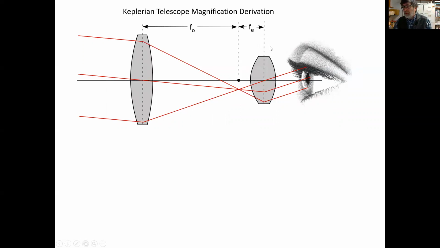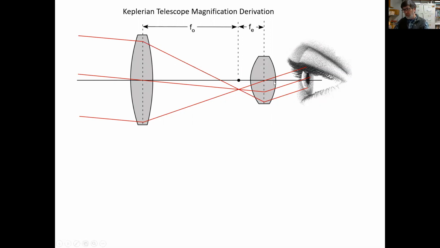So because the eyepiece is sitting just at that distance away, then these rays become parallel again and they enter the eye. You notice they enter, though, at a much larger angle than these original rays were. So compared to something that was straight in line with the telescope, this is off by some small angle. So this is like a star that's a little bit off to the side of whatever is the center that you're looking at.